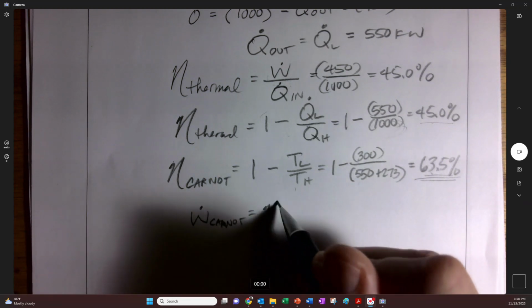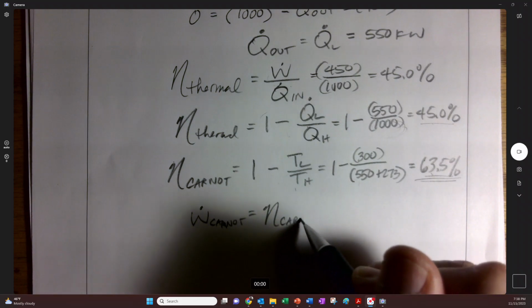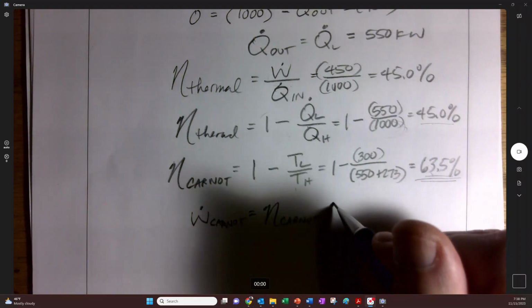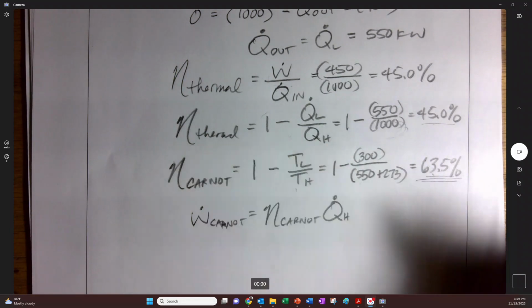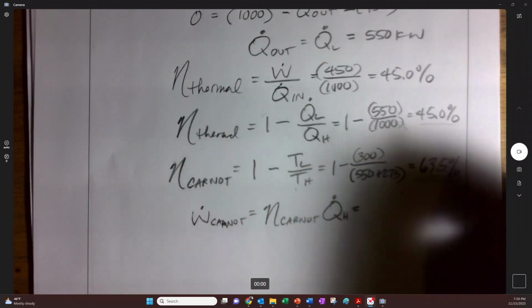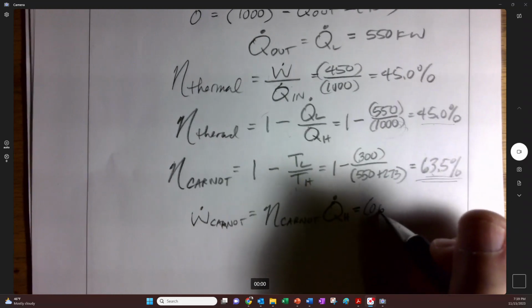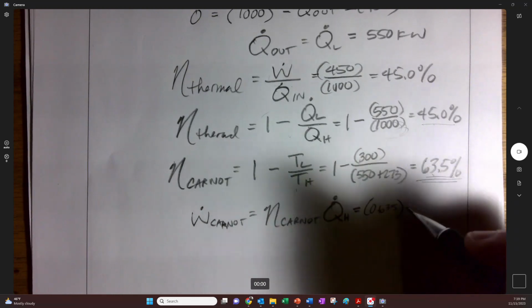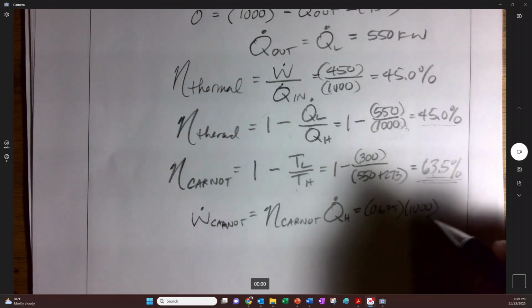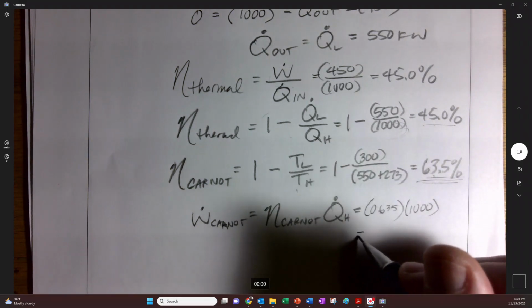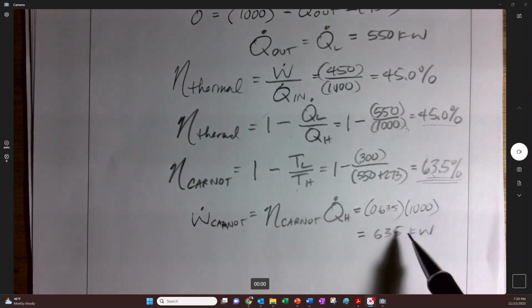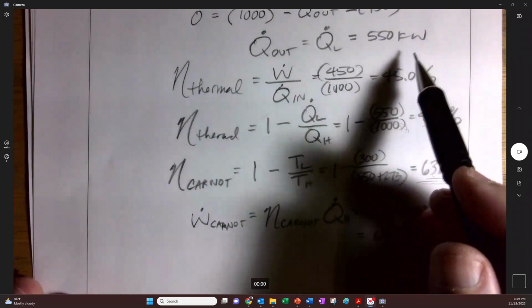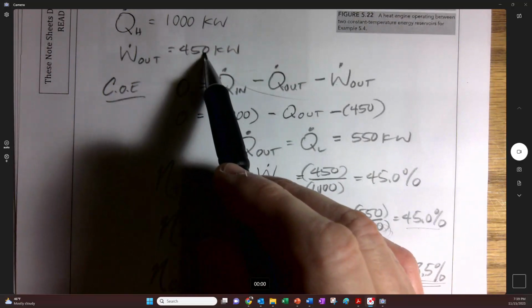We would take our Carnot efficiency and multiply it by our high heat rate. So we go 0.635, and it's obvious because they're easy numbers, the possible is 635 kilowatts. This is compared to what we actually did get, which was 450.